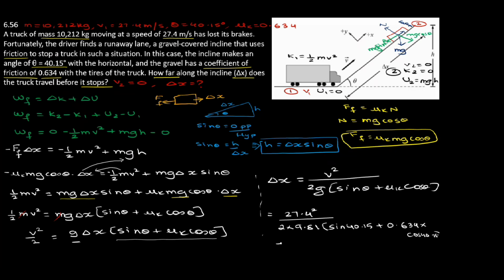And when you solve this, you should get your delta x as 33.9 meters.